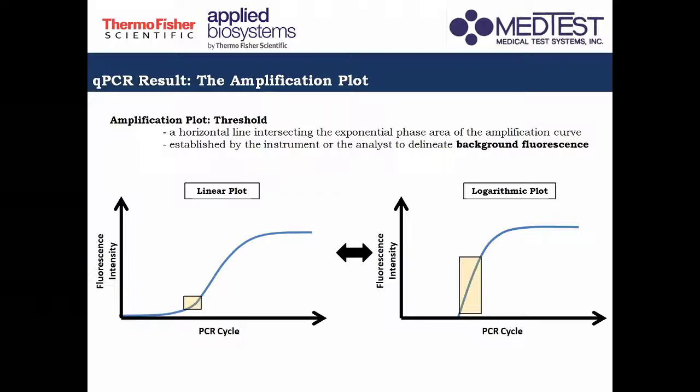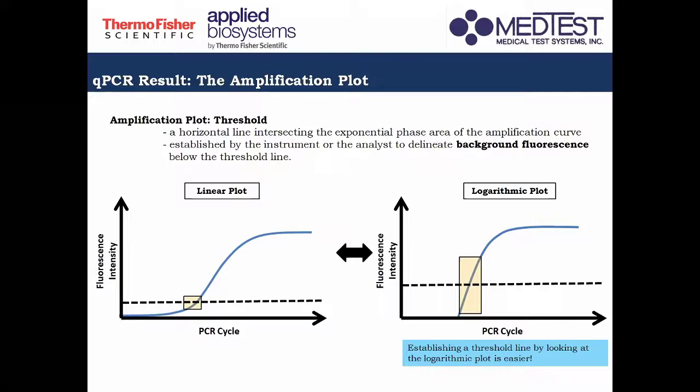And the threshold would indicate at which part of your qPCR run the detected fluorescence is just noise or background as compared with the detected fluorescence that is really a true amplification.